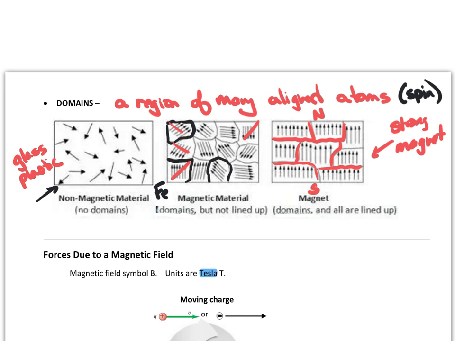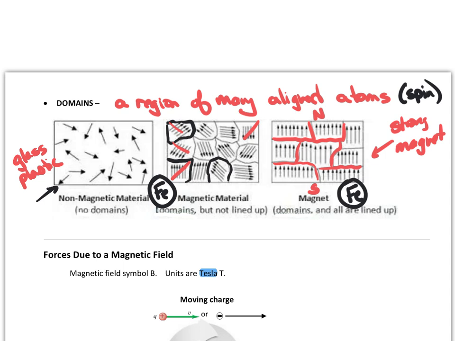This explains how you can have a piece of iron that is non-magnetic but still has domains, and a piece of iron that is a magnet. How would you align those? You could use electric current to line them up. You could also use another magnet to coax them into going the same way, because electron spin is a quantum mechanical property that can be exerted on another electron. They tend to spin together.